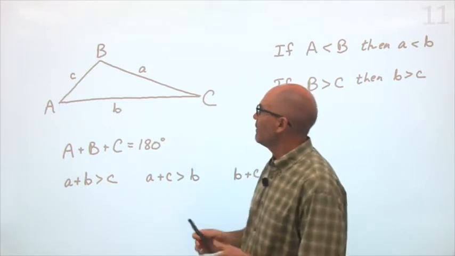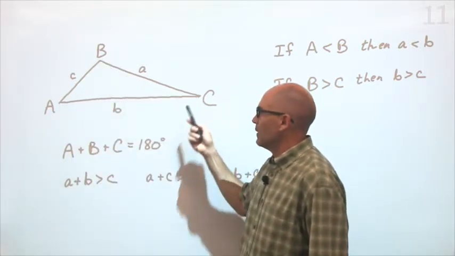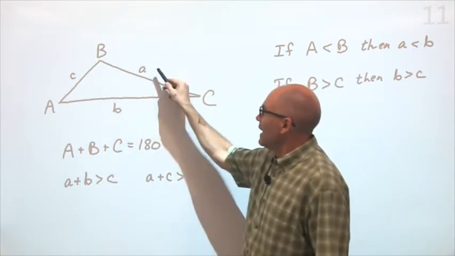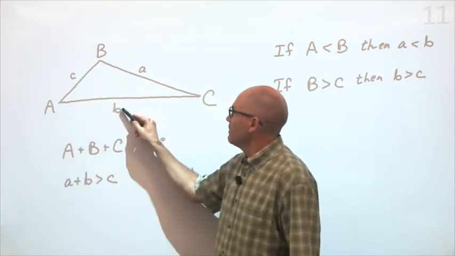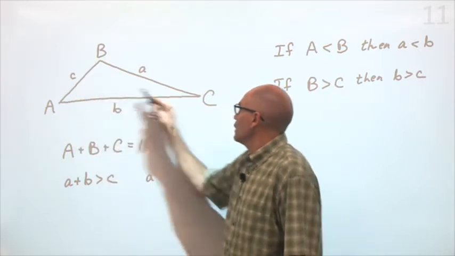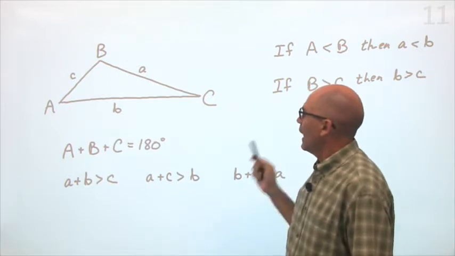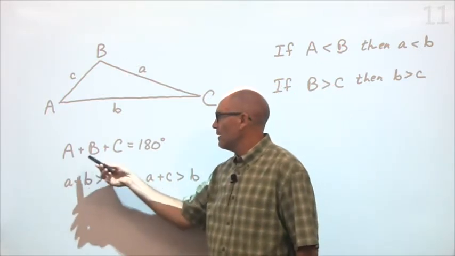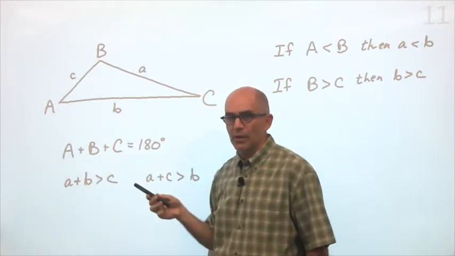So notice we have angle A, angle B, and angle C, capital letters, and then side a, which is opposite angle A, side b, which is opposite angle B, and side c, which is opposite angle C. And, like we learned in geometry, angle A plus angle B plus angle C have to add up to 180 degrees.